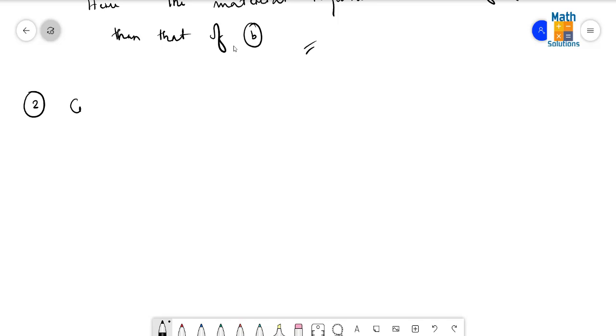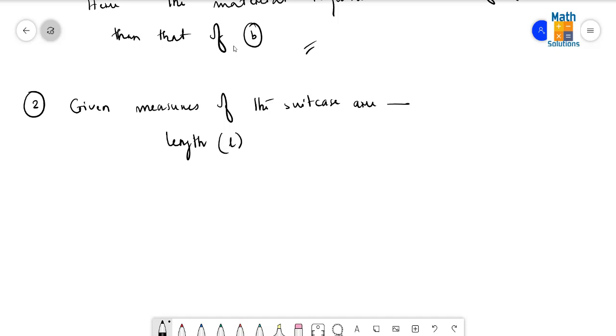Given measures of the suitcase are, how do we write? Length L can be taken as 80 centimeter from the measurements.